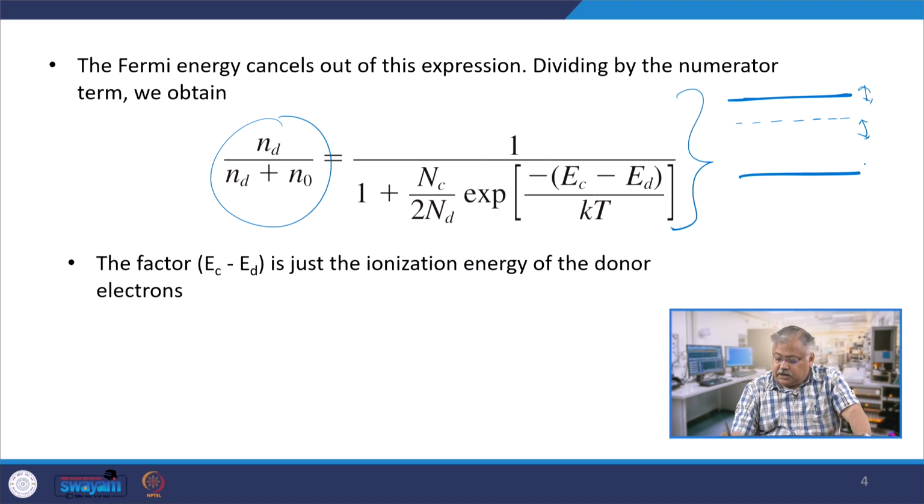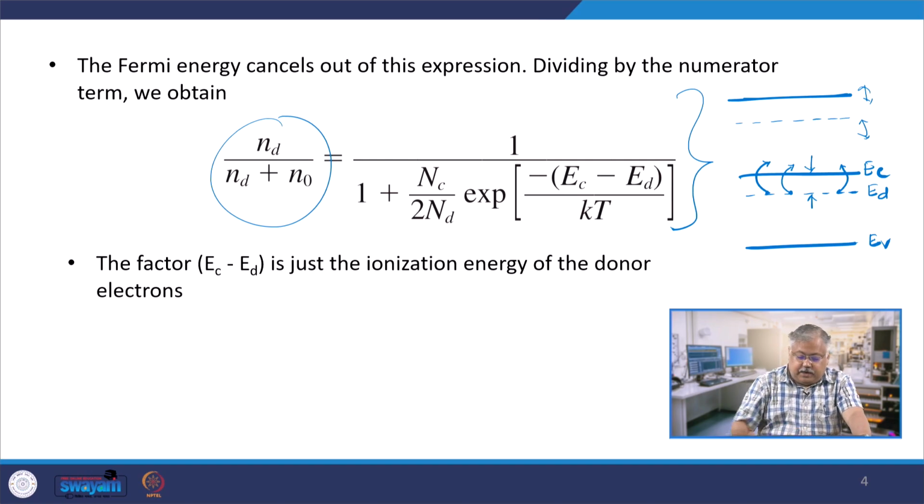So if this is your conduction band edge and this is your valence band edge, and if this is your value of ED here, then I have to give an energy equal to this much for electrons to migrate to a higher energy level from here to here, and you get ND upon ND plus N0.